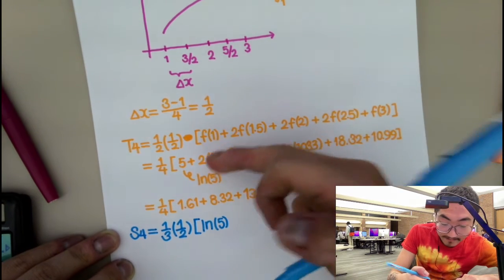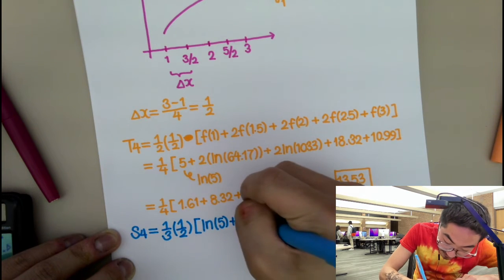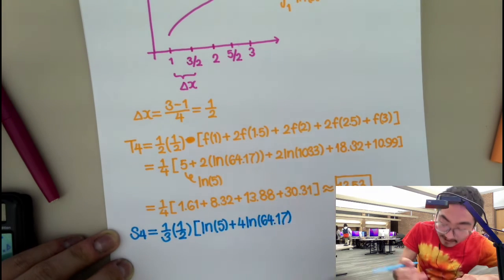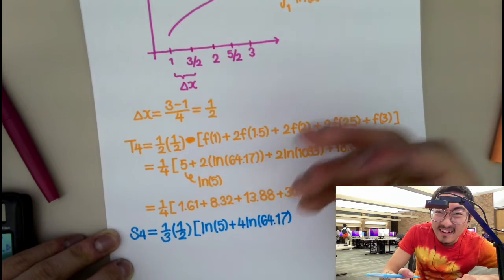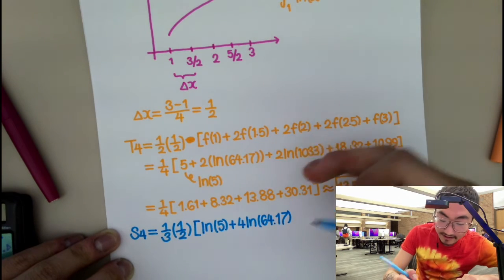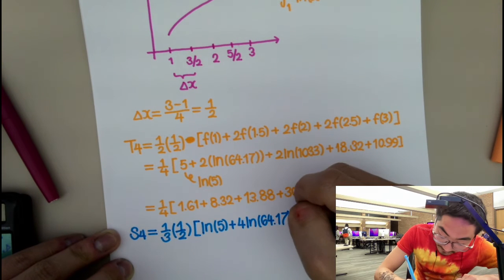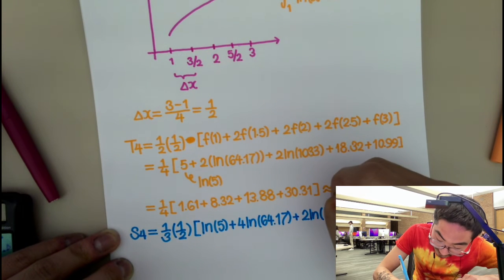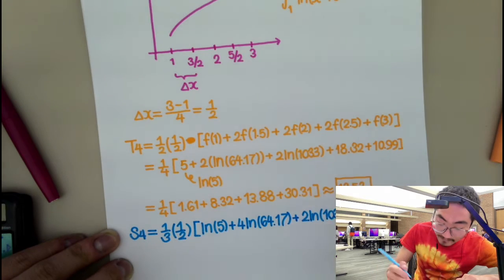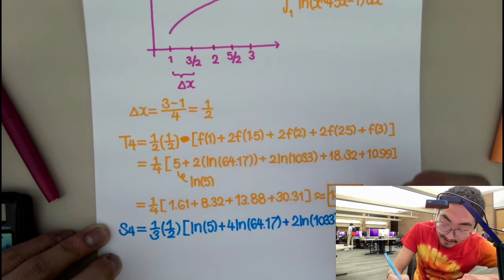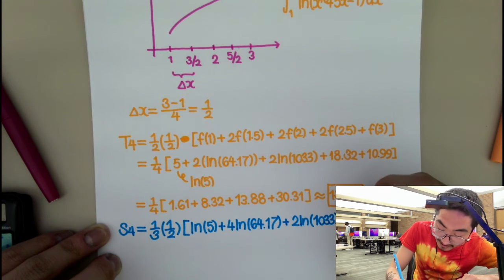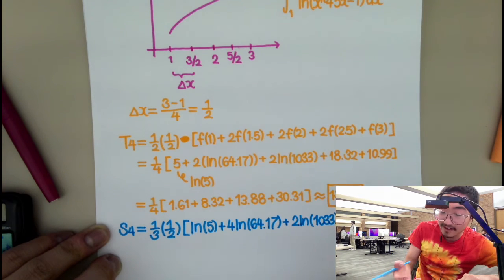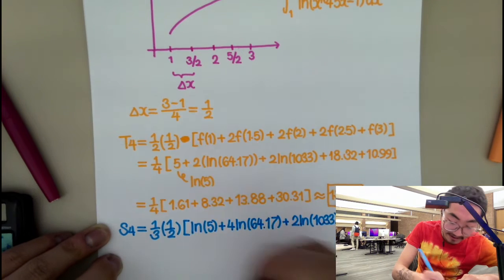Then we have 4 times the natural log of 2, and then 2 times the natural log of the next value, and we plus 4 again. So we do this, and then plus 10.99.